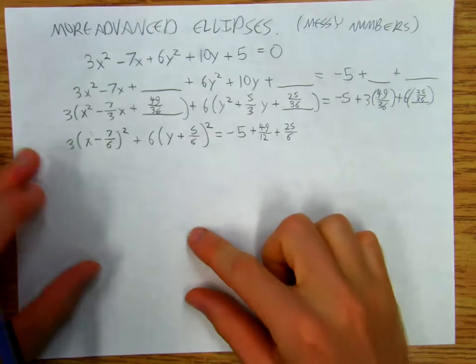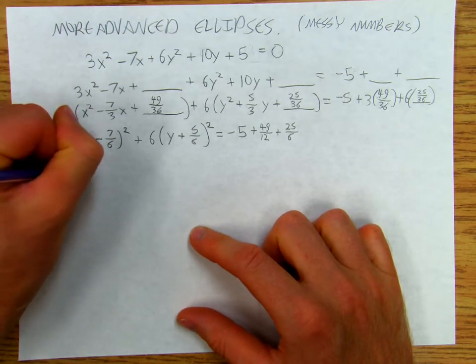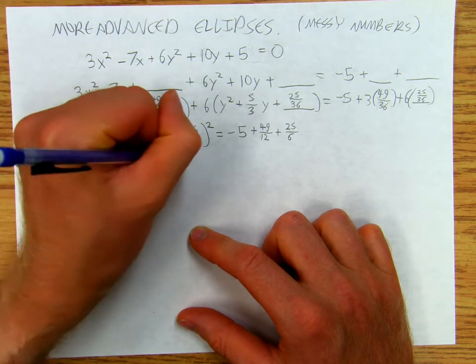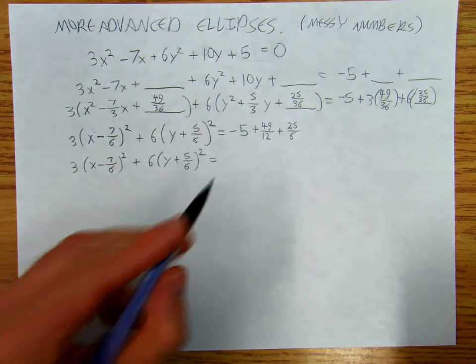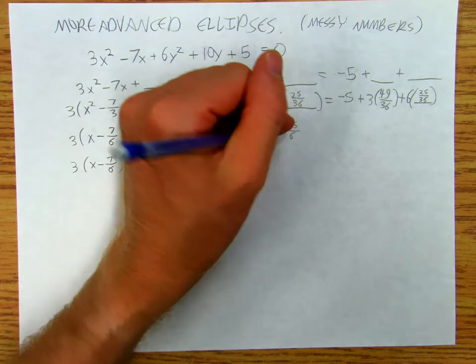Okay, so now this is 3 times x minus 7 over 6 squared plus 6 times y plus 5/6 squared. And so this is going to be, that's 50/12.